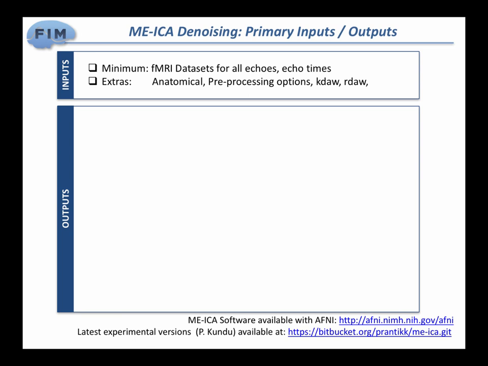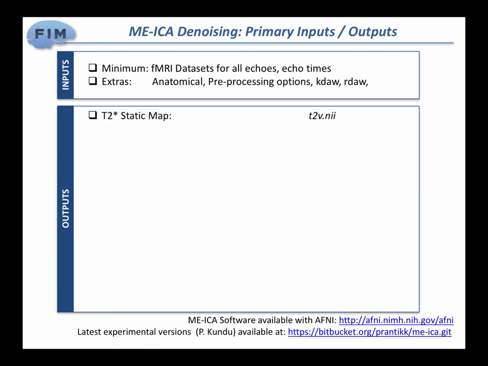Or if you have your own thoughts about how you want to do the pre-processing, you can jump directly into a subprogram called tedana.py that does that echo dependent analysis. You basically give it your pre-processed echoes, and it will run the PCA, the ICA, do the component selection, and give you the optimally combined and denoised time series.